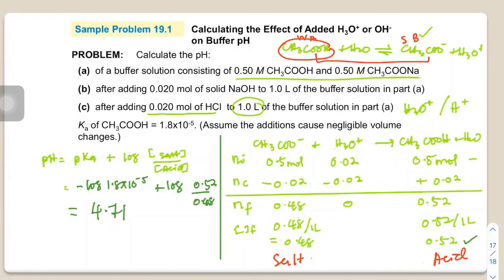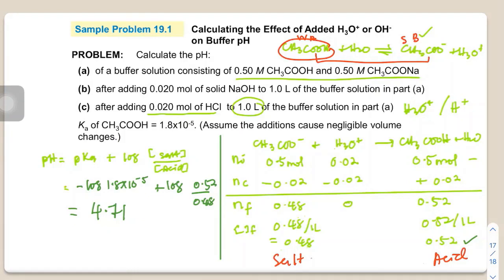So if you look at this question, we have completely calculated the pH of the buffer system before the addition of any acid and base, and then we have calculated the pH after we add solid sodium hydroxide and solid HCl, in which for this question we have to assume that the addition causes negligible volume changes.